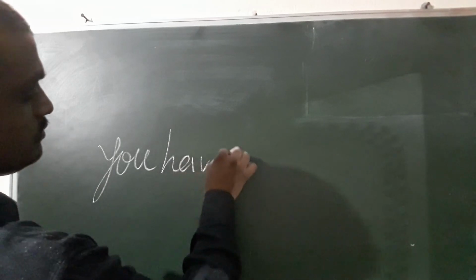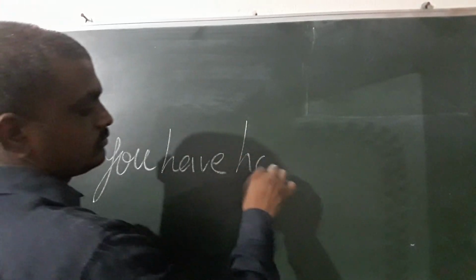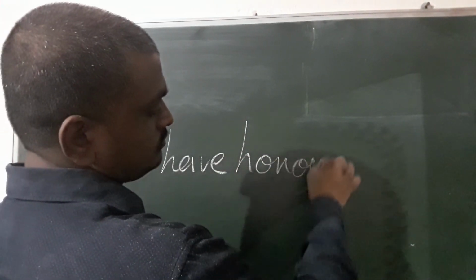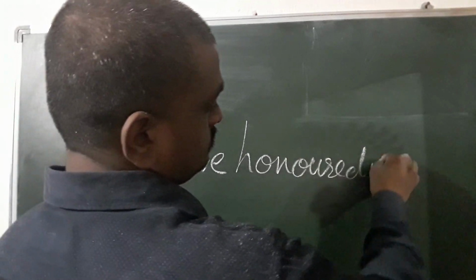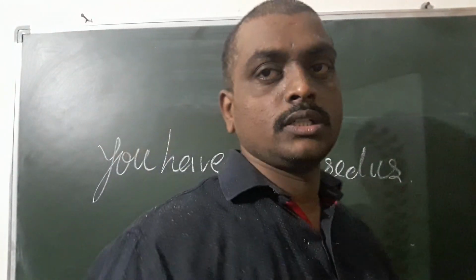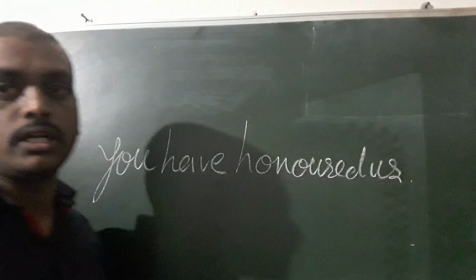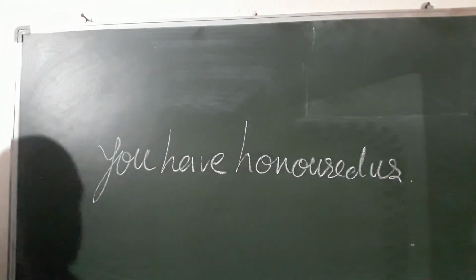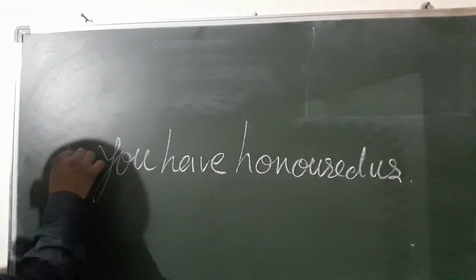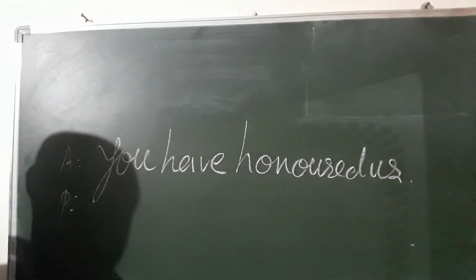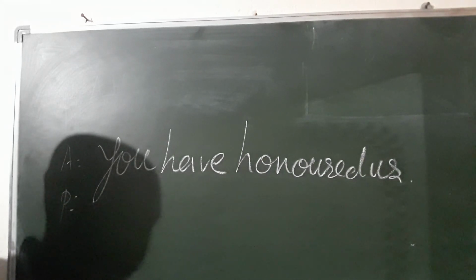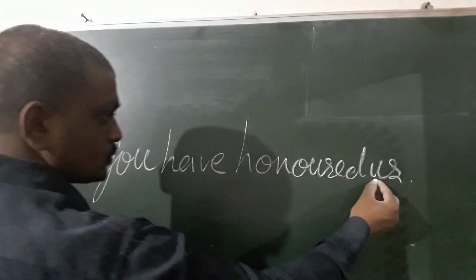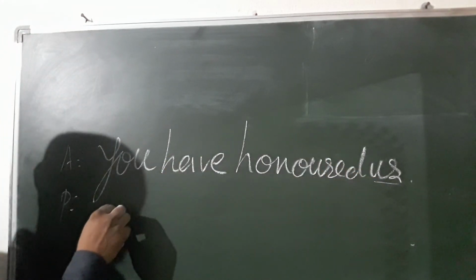You have honored us. The sentence is like this: you have honored us. This is an active voice sentence. When we are doing the passive voice of the above sentence, we have to take the object us from here. Us changes into we.